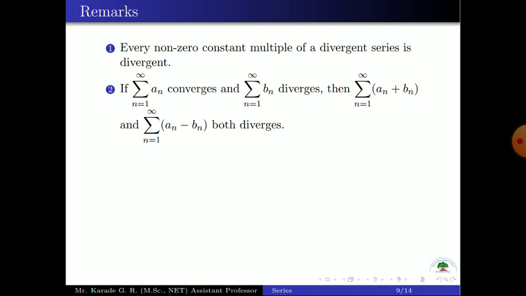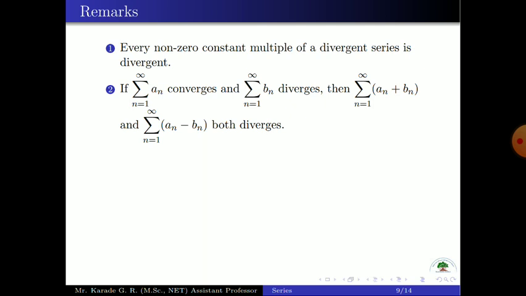So in addition or subtraction of two series, if one series is convergent and the other is divergent, then the addition or subtraction of the series is also divergent.